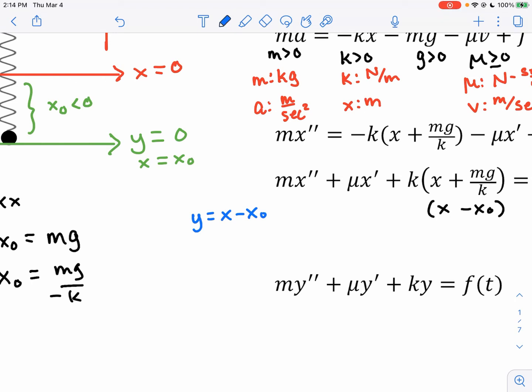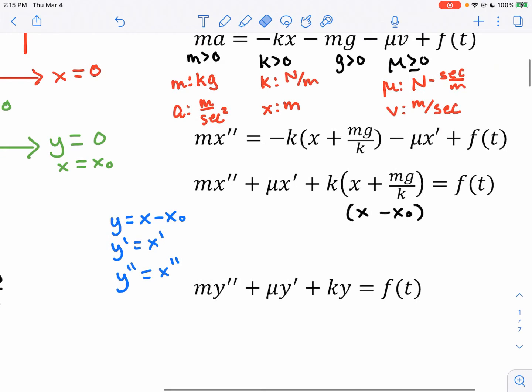Now, with this transformation, y prime will just be x prime, because x naught is a constant, it'll go away. And y double prime will just be x double prime. So through this transformation, I can freely change x double prime to y double prime, which I've done. I can also freely change x prime to y prime, which I've done.